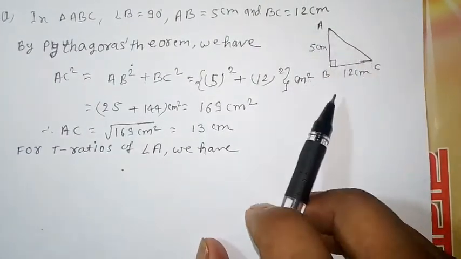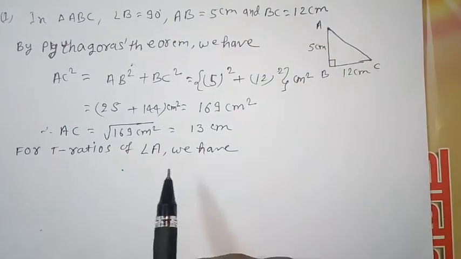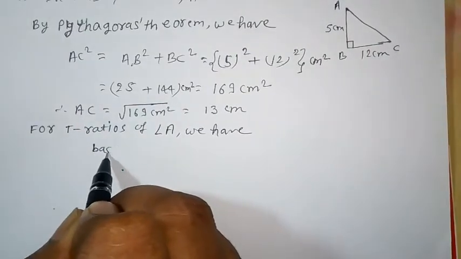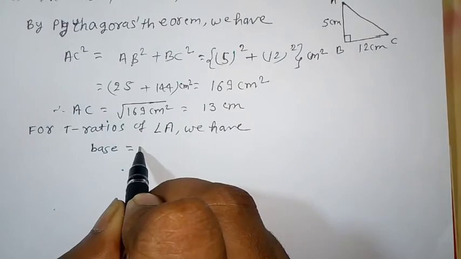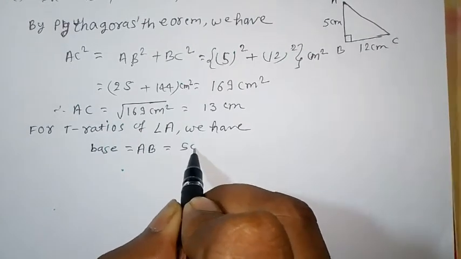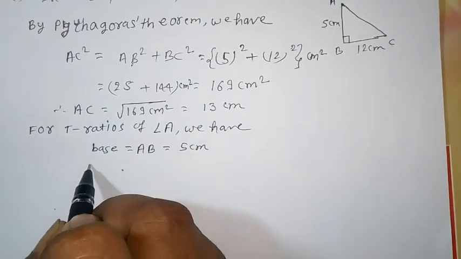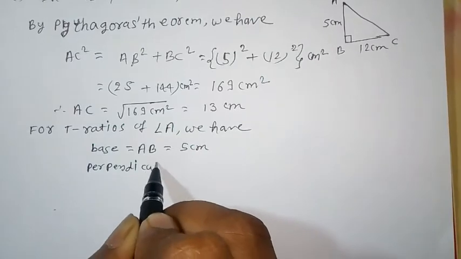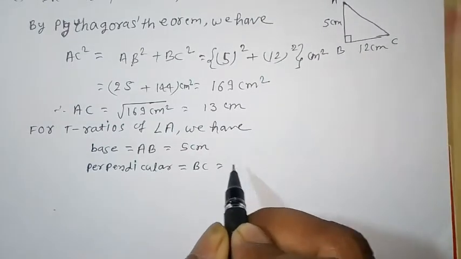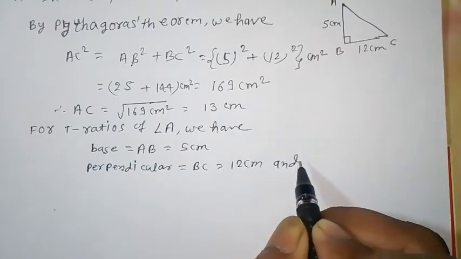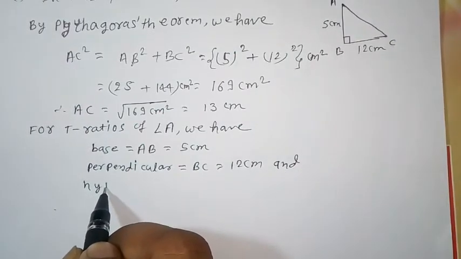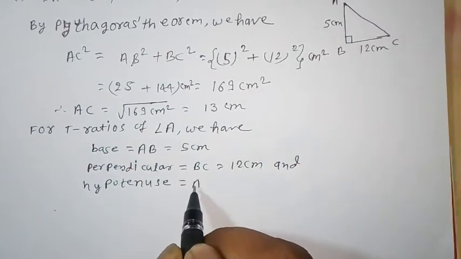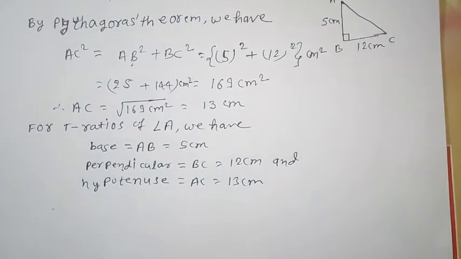The hypotenuse is same for angle A and for angle C. Base is equal to AB is equal to 5 centimeter, perpendicular is equal to BC is equal to 12 centimeter and hypotenuse is equal to AC is equal to 13 centimeter.